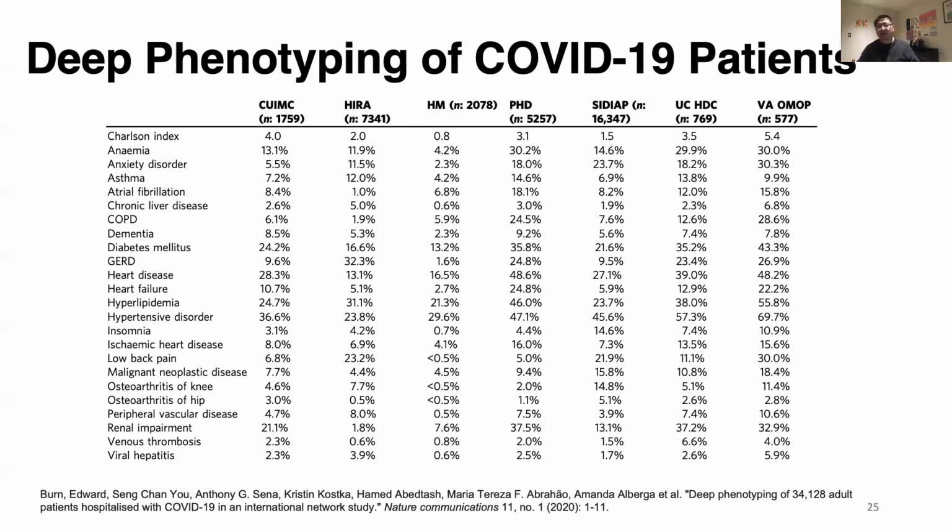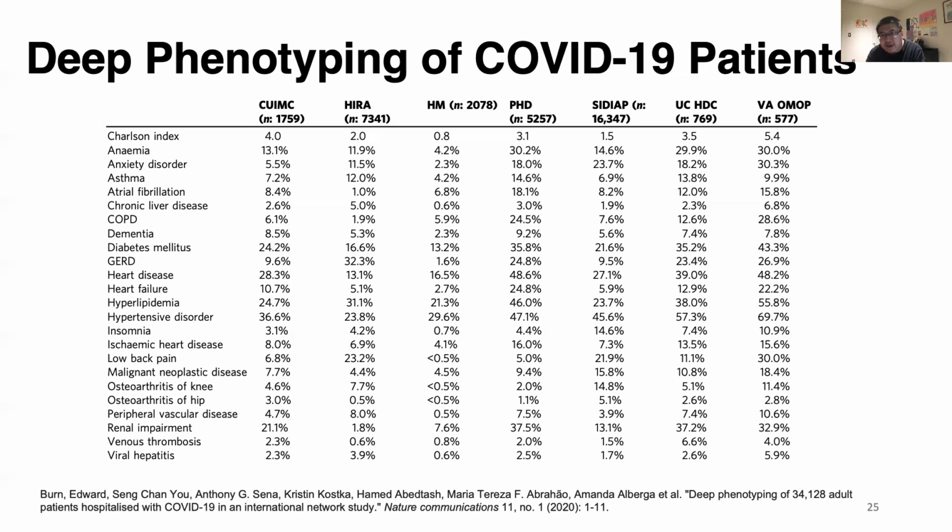In Spain, it was between 4 to 7% for asthma, from 13 to 22% for diabetes, from 17 to 27% for heart disease, and from 5 to 16% for cancer. In South Korea, 12% had a history of asthma, 17% had diabetes, 13% heart disease, and 4% cancer. So we can see the distribution in South Korea is very different in terms of comorbidities compared to the US and Spain.